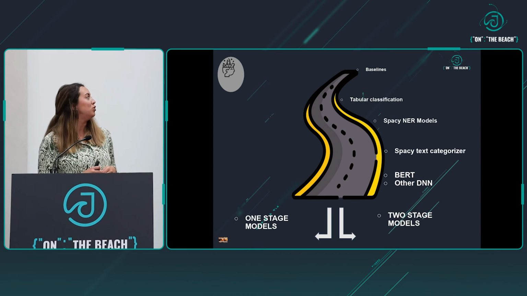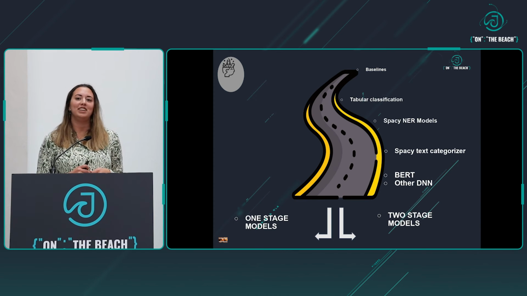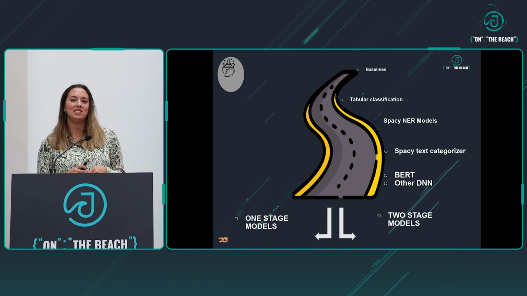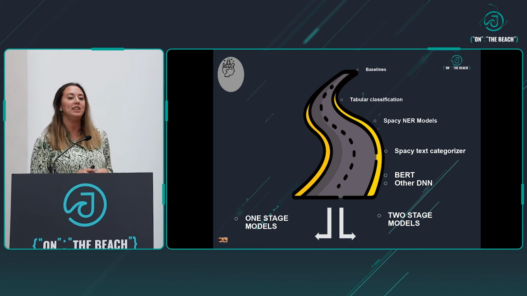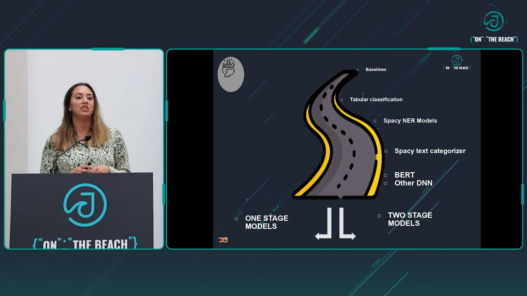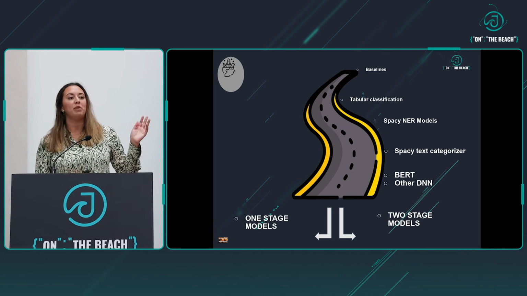This is why we decided to start training more complex models, and this is where we started working with BERT, convolutional neural networks, gated recurrent units, and long short-term memory.